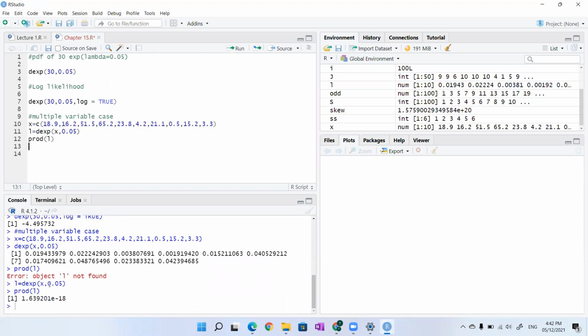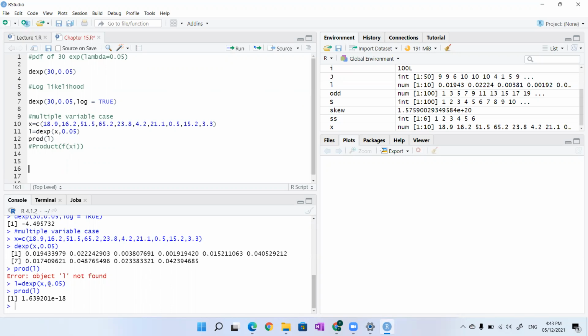Wait, now see. So this is nothing but the product of fxi, fx with respect to each variable i.